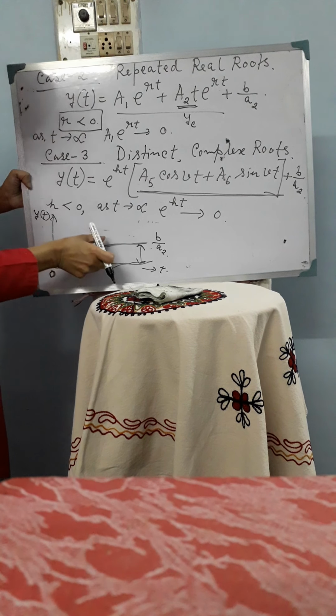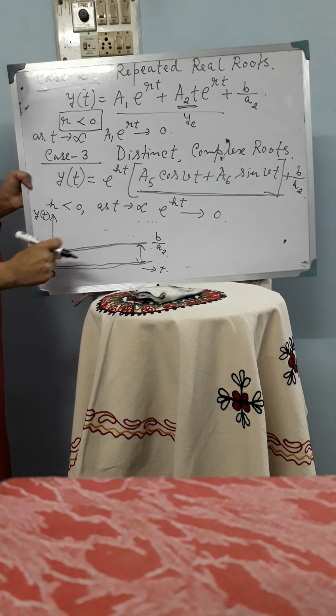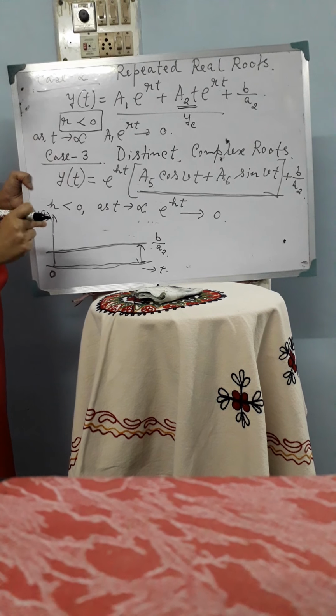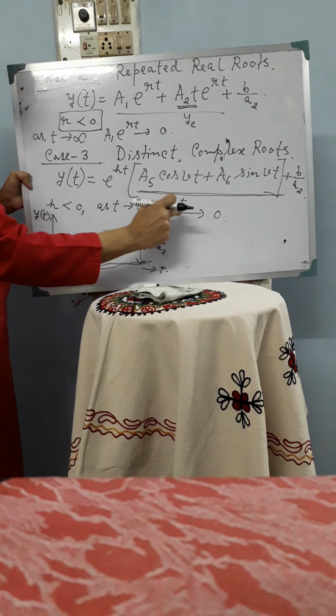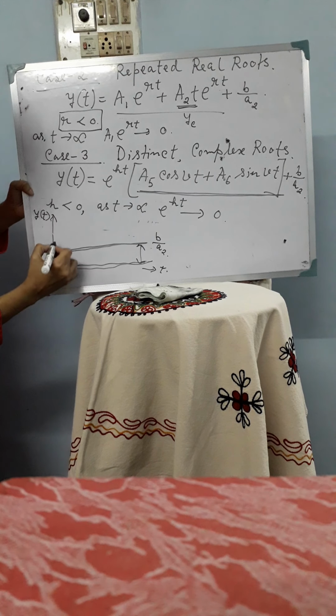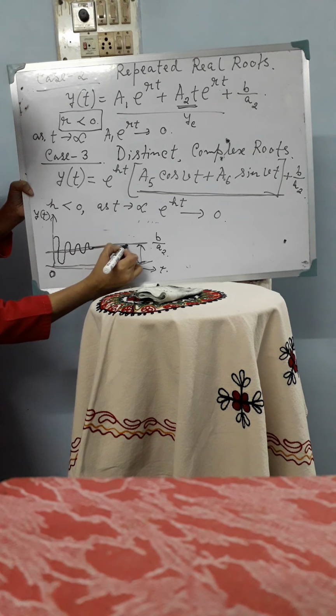Now when h is less than 0, then as t tends to infinity, e to the power ht becomes 0. So in that case, the time path shows a damped oscillation. So the time path will be like this. Here we will have equilibrium, and the time path will be convergent.